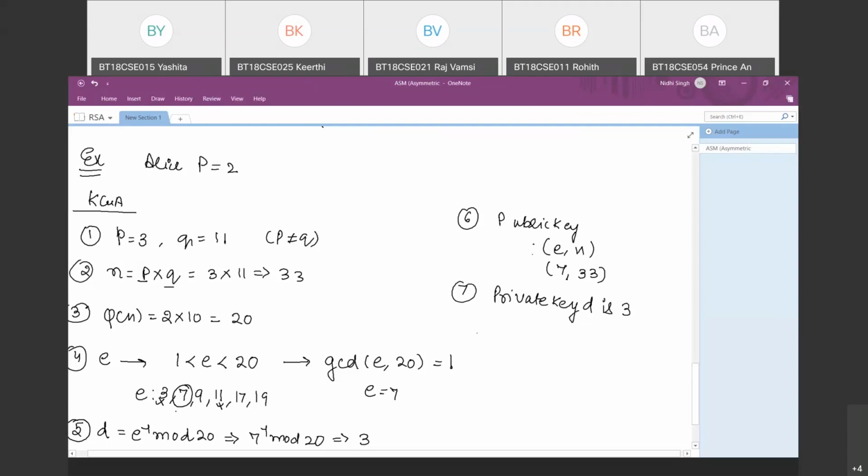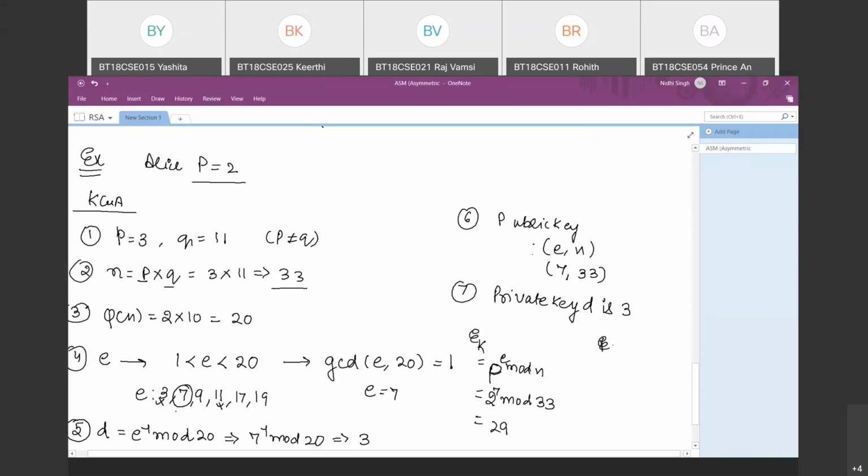Now the encryption process. The encryption process is C equal to P to the power E mod n. Alice wants to send P equal to 2. So 2 to the power 7 mod n. What is the value of n? That is 33. So we calculate, okay, 29.